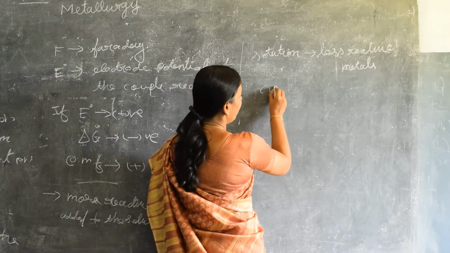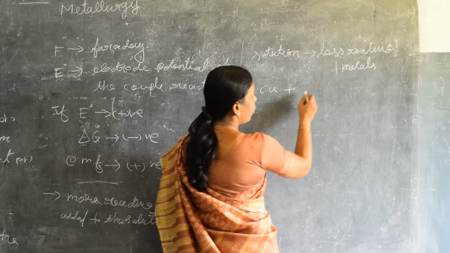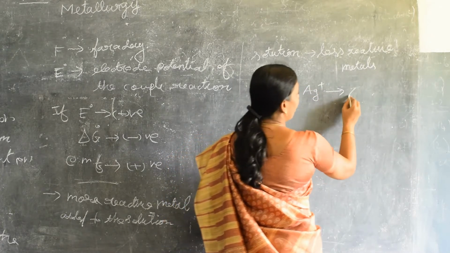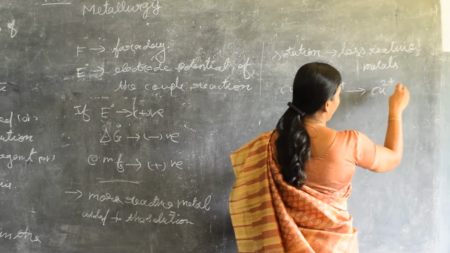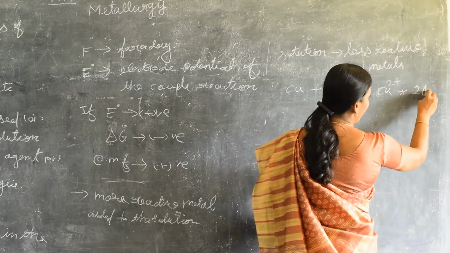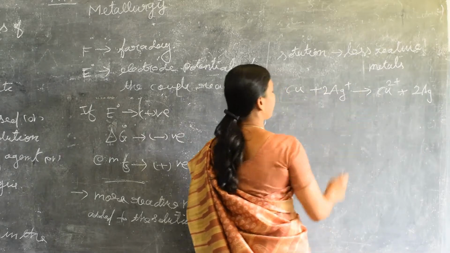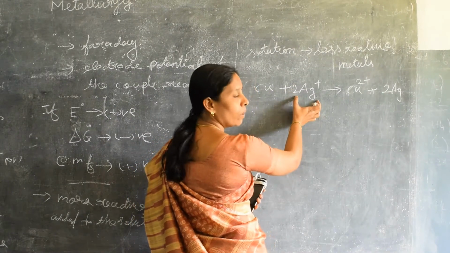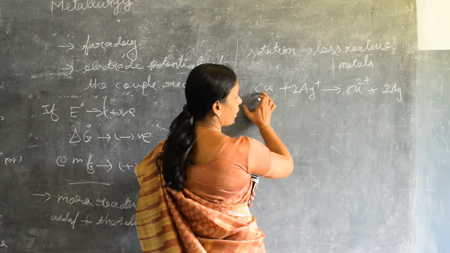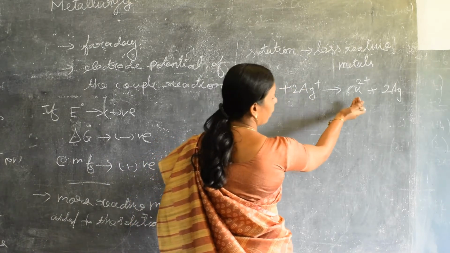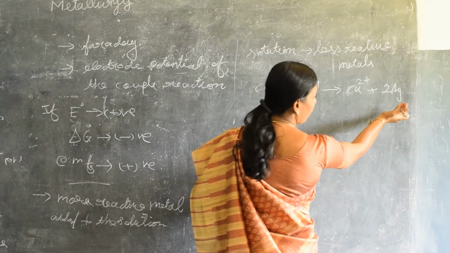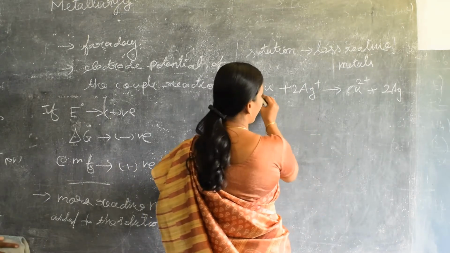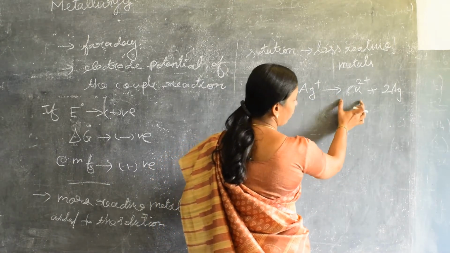For example, copper is added to the silver ion to form Cu2+ and 2Ag. The more reactive metal copper is added to the less reactive silver ion, and copper gets oxidized to form Cu2+, and we get silver metal reduced. Cu plus 2Ag+ gives Cu2+ and 2Ag.